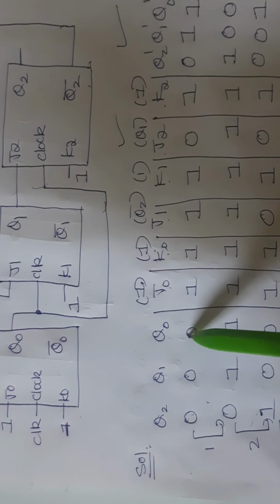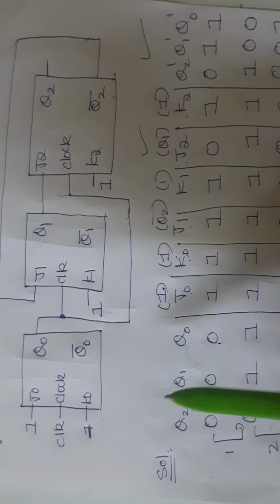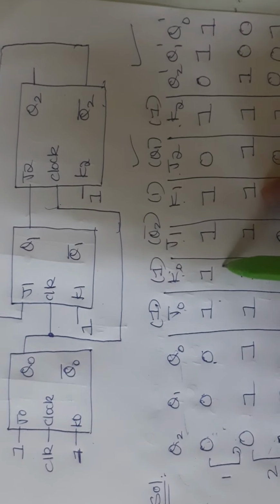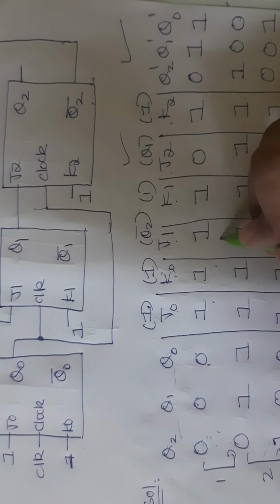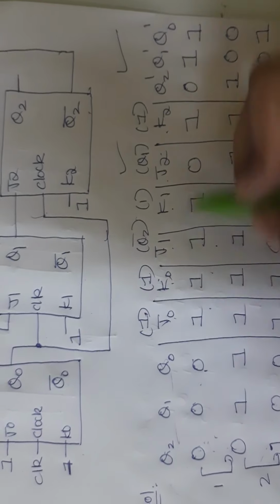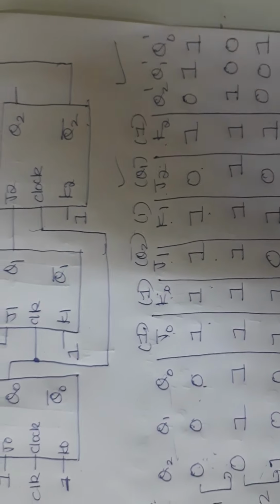Q2, Q1, Q0 are the states. So initially they are 0, 0, 0. J0 is 1, K0 is 1. J1 is Q2 bar, Q2 bar will be 1, K1 is 1, J2 is the Q1 value, so Q1 is 0, so 0, K2 is 1, so 1.